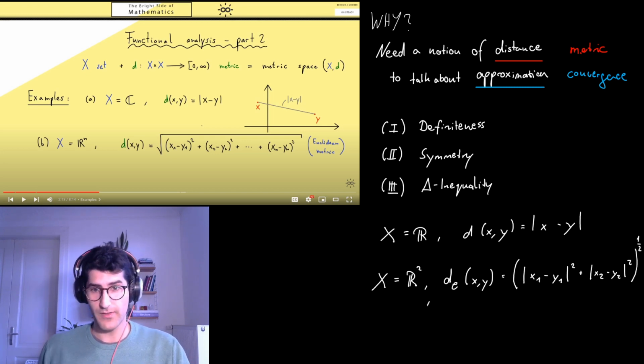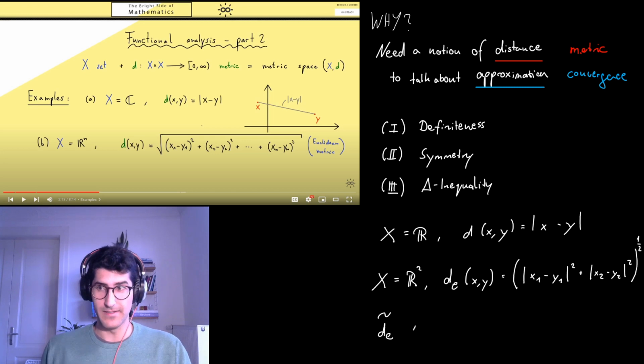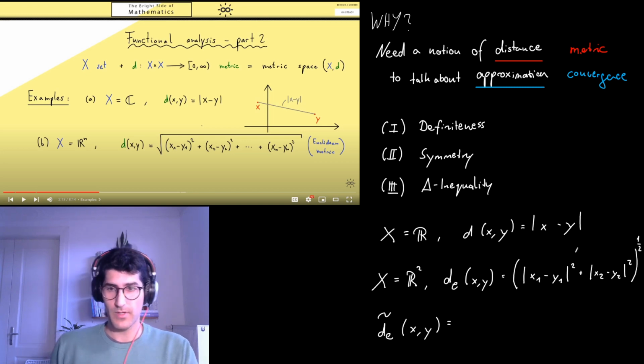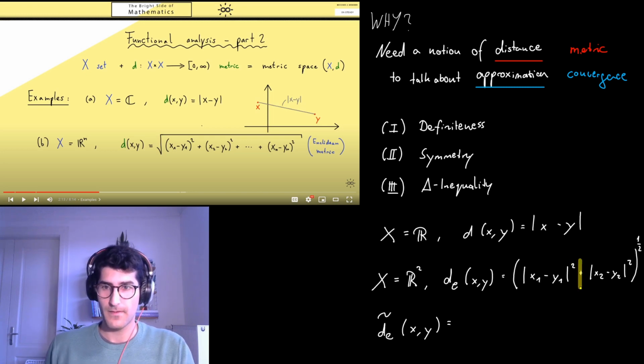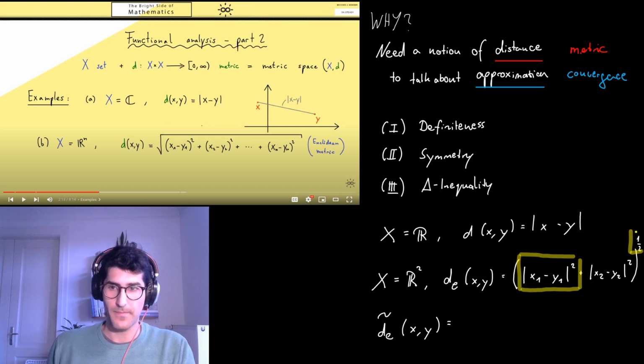Let's try to define a further candidate for a metric that we call dE tilde. And dE tilde of x and y will just be the first part of the Euclidean metric.